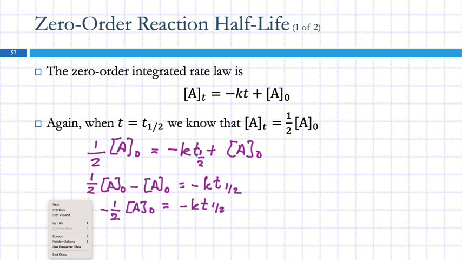This time I'm going to remember to solve for T1/2. We're going to divide both sides by negative K. T1/2 is equal to 1 over 2K.